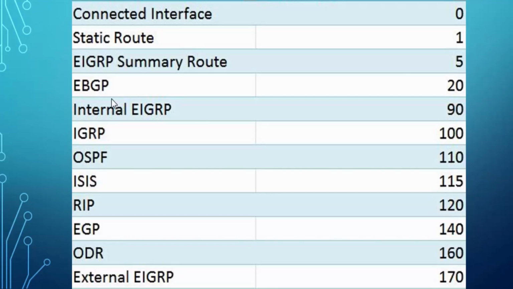I want you to remember that the most important administrative distances that you're going to see are RIP at 120, OSPF at 110, and internal EIGRP at 90. So remember as well the static route, that is not gonna be the number one, and we're gonna see that over and over in a lot of different scenarios that we're gonna face in the future.